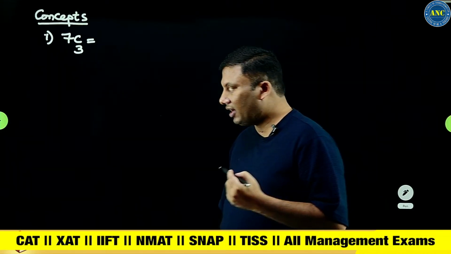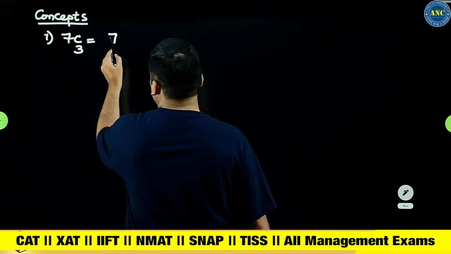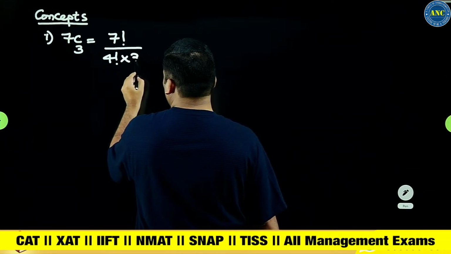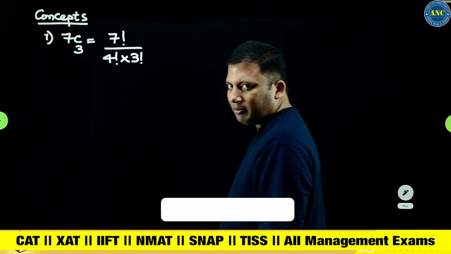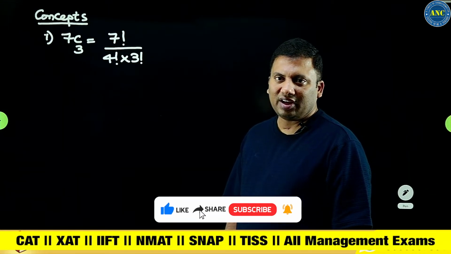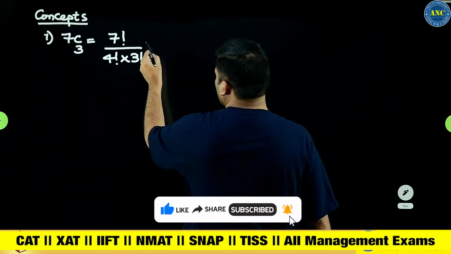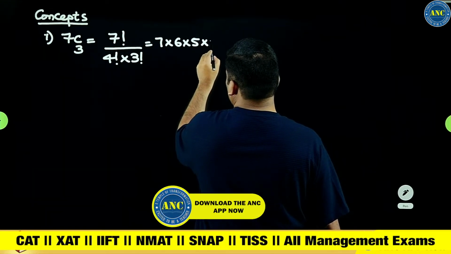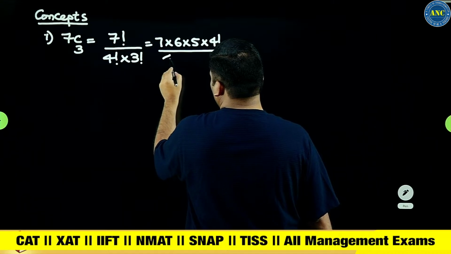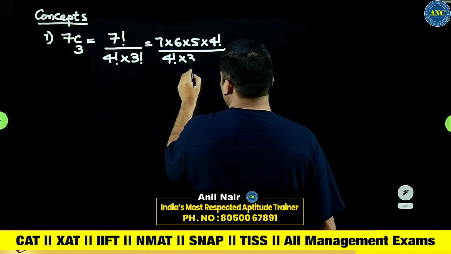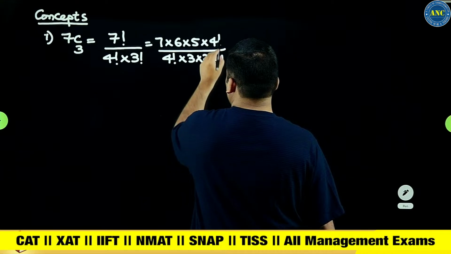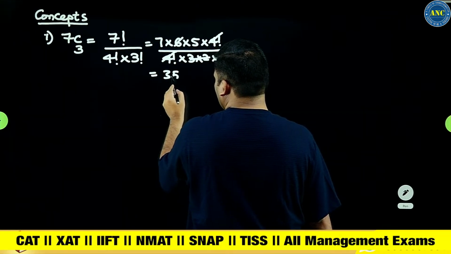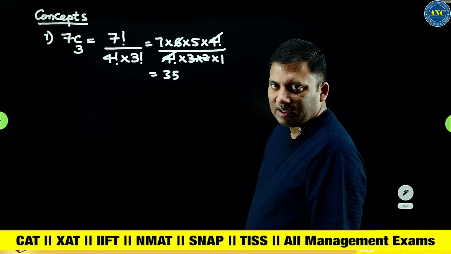What is nCr? nCr is n factorial by (n minus r) factorial into r factorial. 7 minus 3 is 4, so 4 factorial into 3 factorial. 7 factorial is 7 into 6 into 5 into 4 factorial, divided by 4 factorial into 3 into 2 into 1. The 4 factorials cancel, 3 twos are 6, and 7 fives are 35.